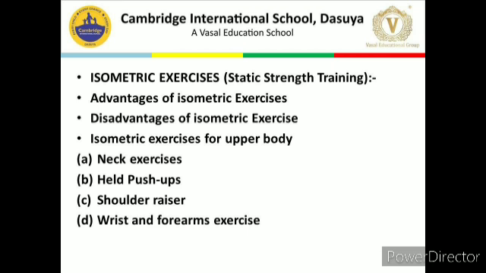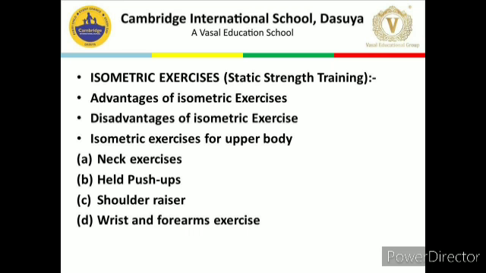The word isometric comes from the Greek isos, which means the same, and metron, which means size. Thus, isometric contraction means tensing the muscles without the muscle itself changing length.